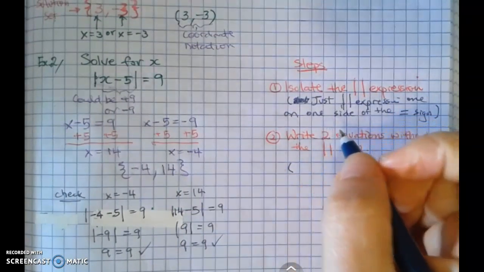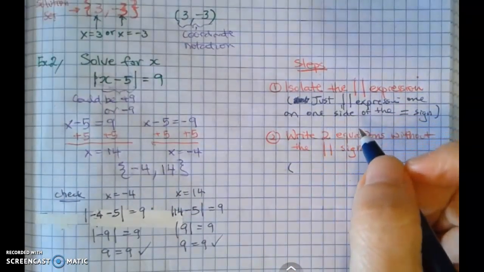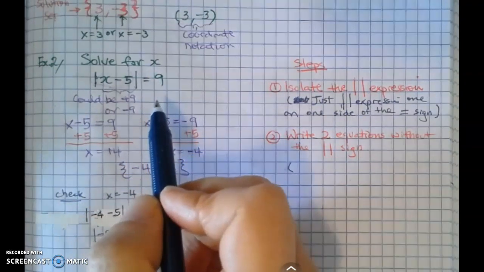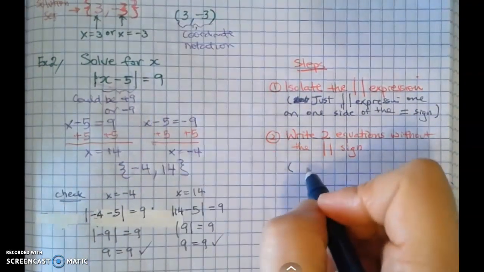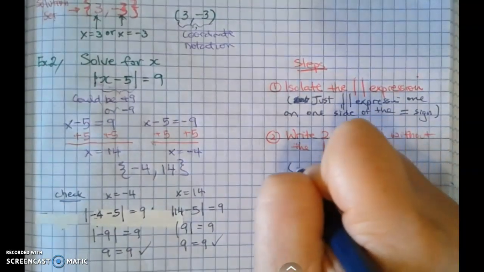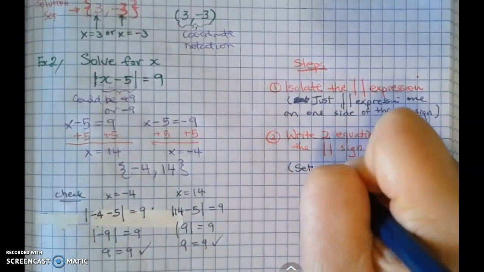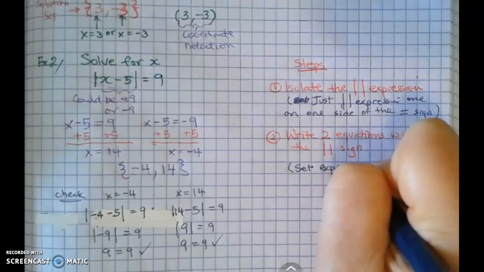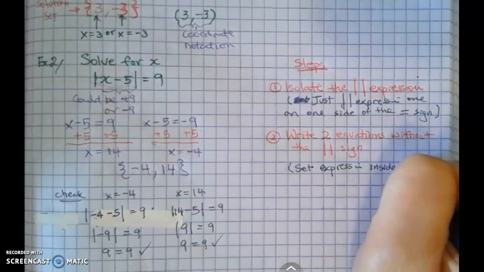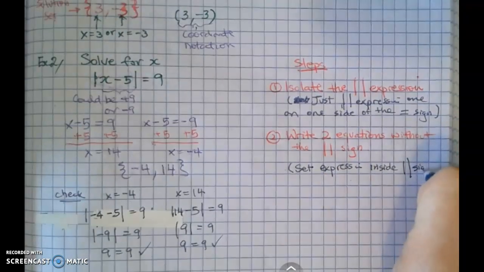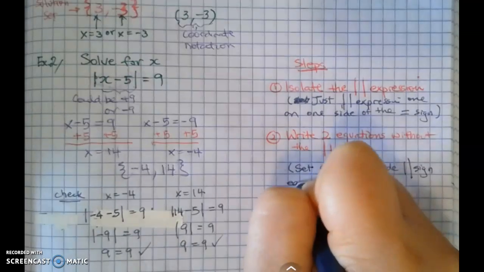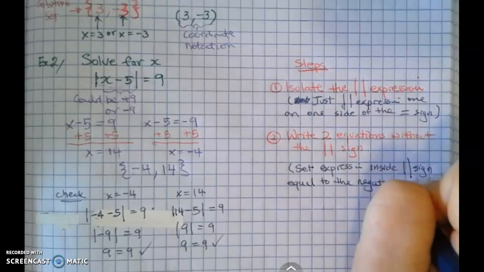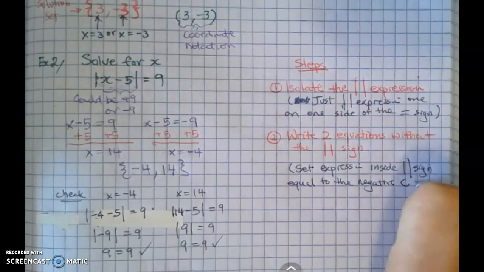We set the expression inside the absolute value sign equal to the negative of the constant, the number on the other side, which is the c value.